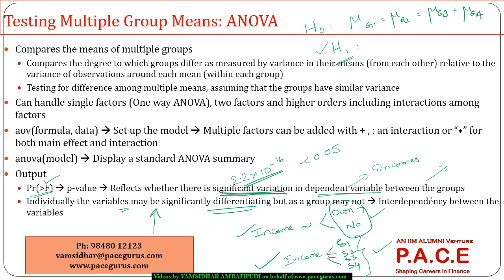Because the two variables that I have considered there need not be independent. They may have a lot of interdependency between them. Because of that, one was sufficient to explain the difference in the income. The second one was not needed at all.